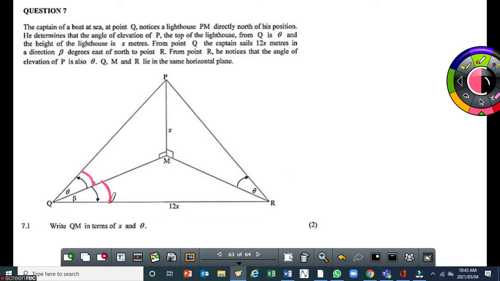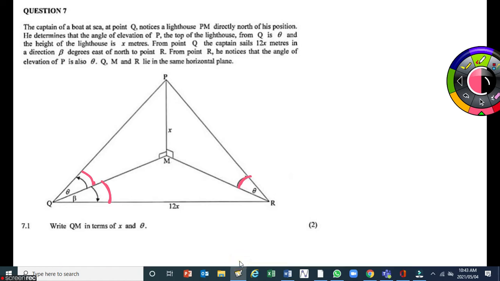So from point R to point P, the angle of elevation is that. That's theta as well, so we have two thetas in this question. Points Q, M, and R are in the horizontal plane, meaning they are on the surface, in water. Point M is in the same horizontal plane as points Q and R. So that's what the question says.